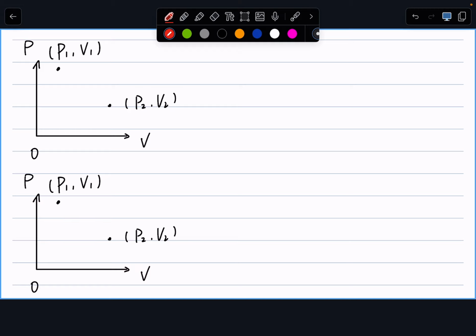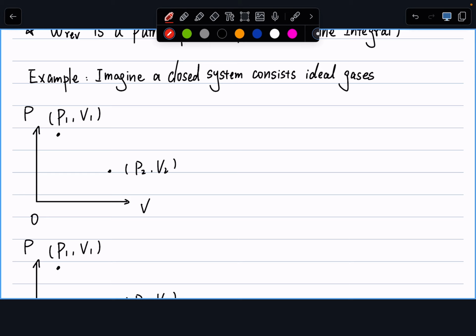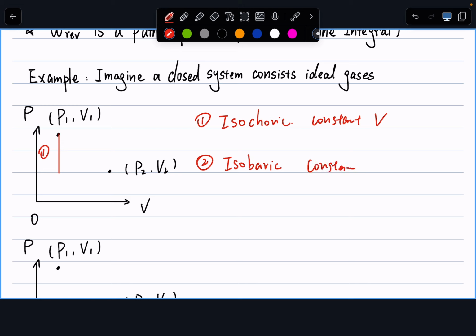In the first situation, imagine we have an isochoric process followed by an isobaric process. Remember, isochoric means constant volume, so we have a straight line going down, right? We're keeping the volume constant. That's our first step. Second step, isobaric, so constant pressure, and that goes to our final spot.